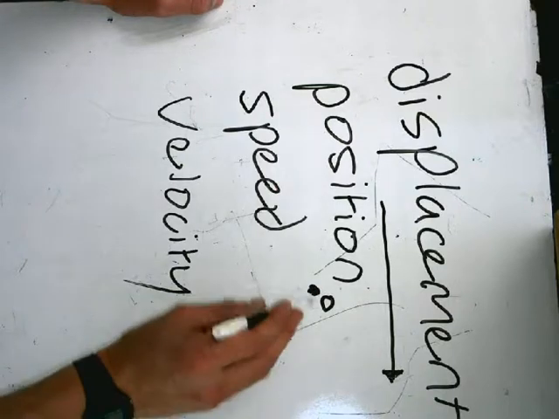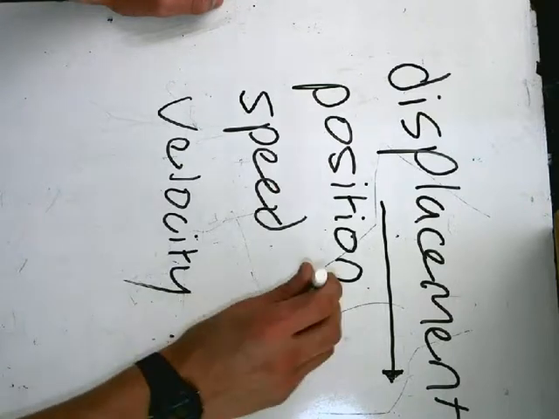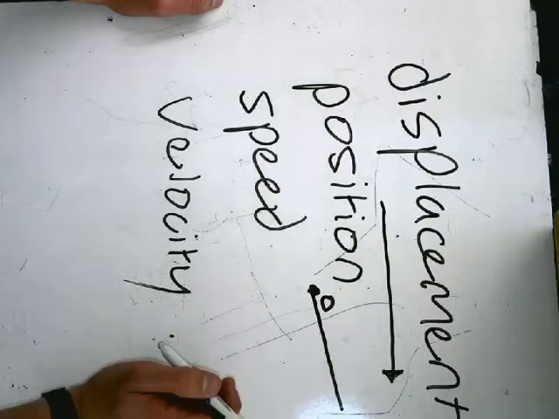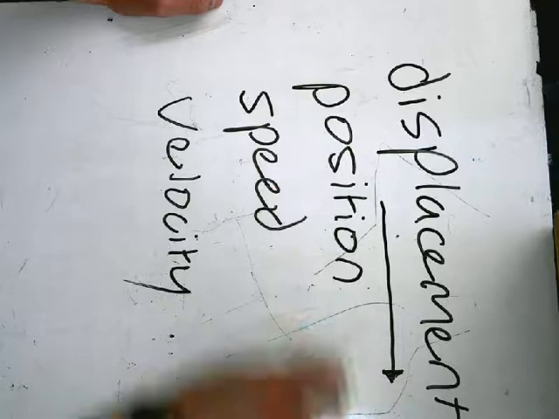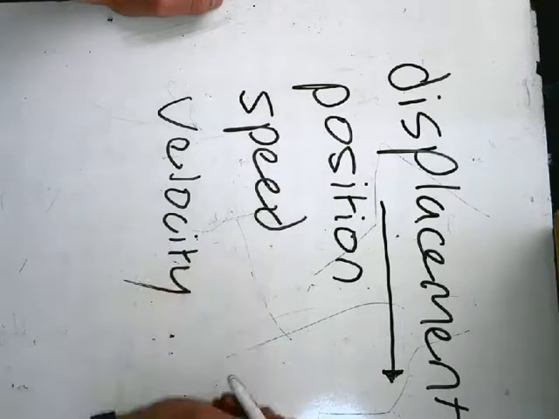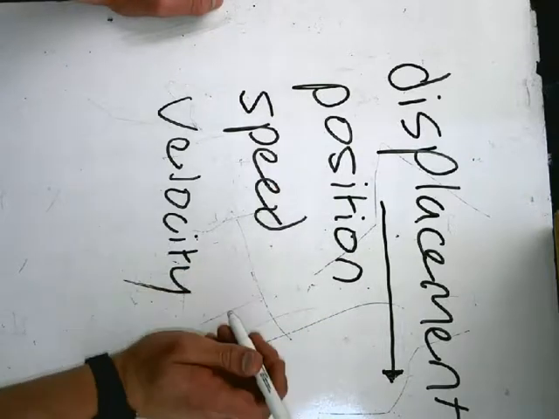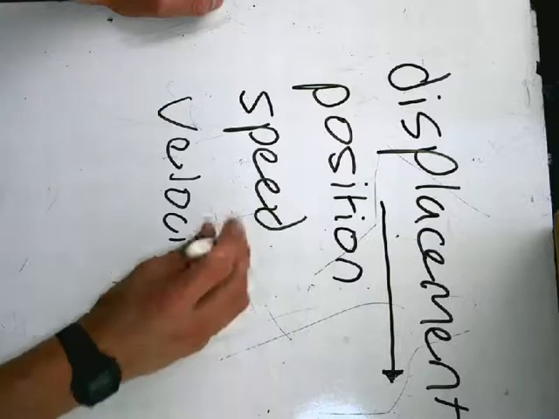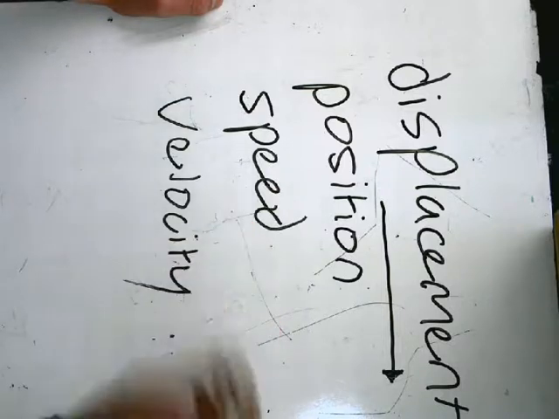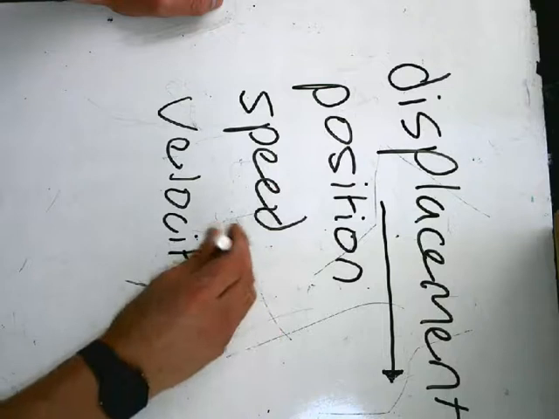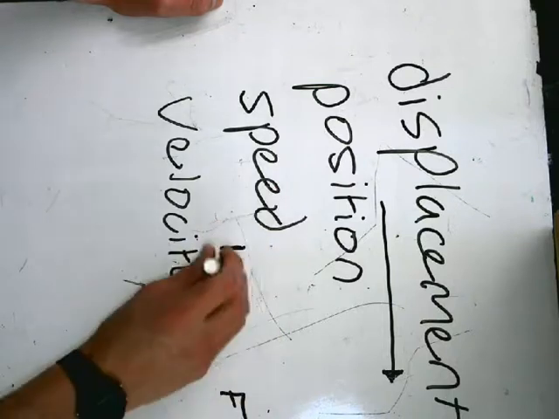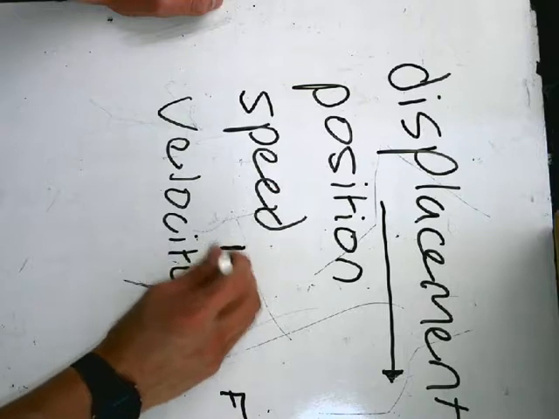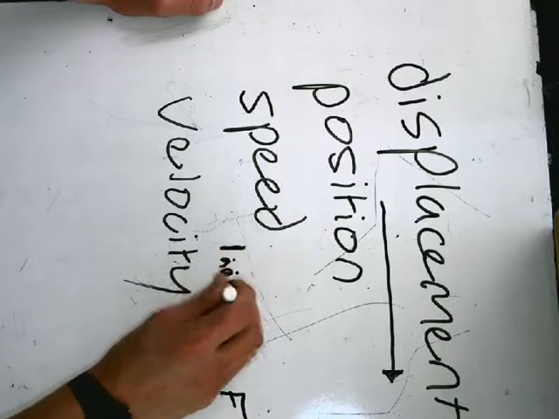Now speed refers to the rate of change in position. So there's always an origin, so you're always going to have an initial position and a final position. And your rate of change between those is going to be your speed.